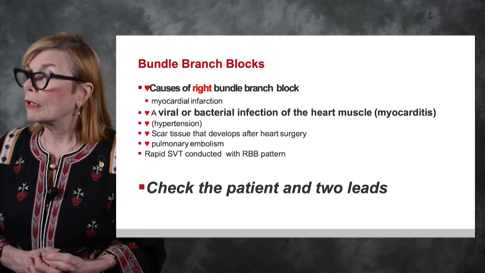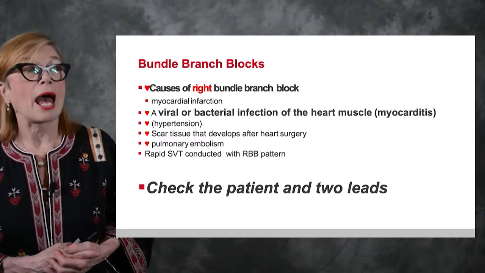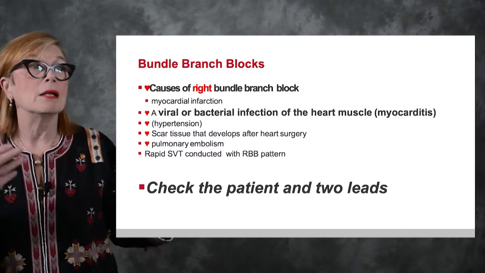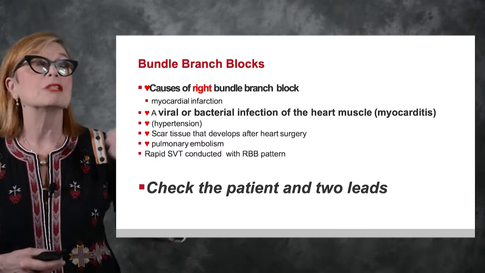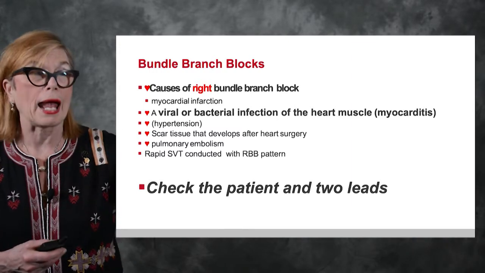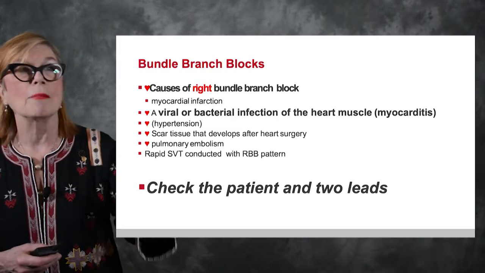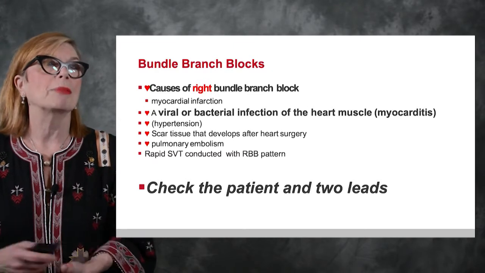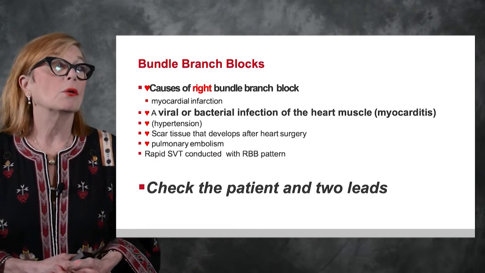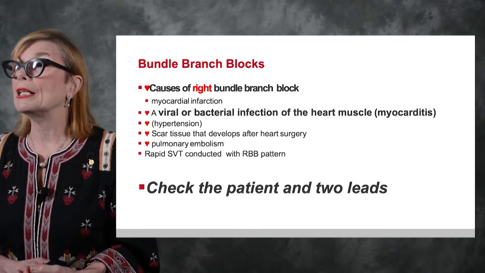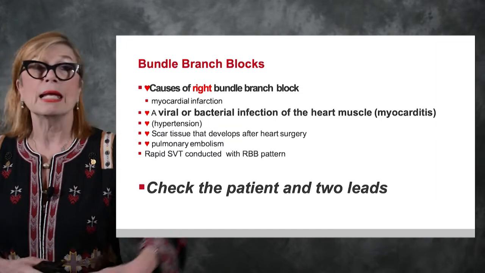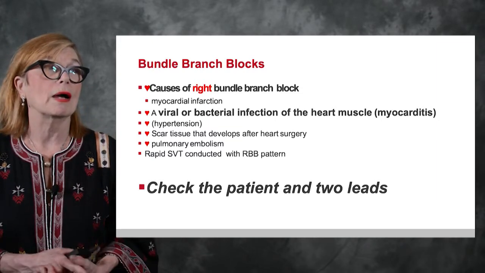But very concerning to us is that sometimes with a rapid atrial rate, a rapid supraventricular rate, it will be conducted down the common bundle, but the right bundle will not be able to accept the impulse. So it will be what we call an aberrant conducted rhythm, meaning SVT with a wide QRS response.